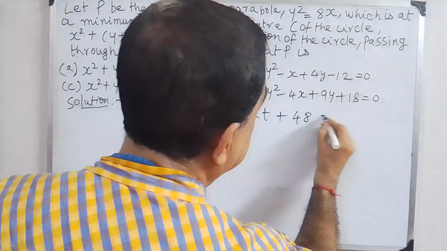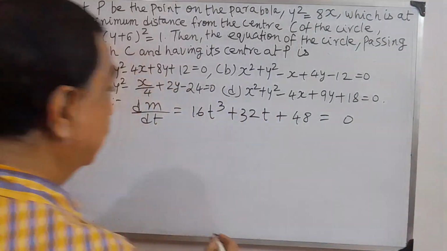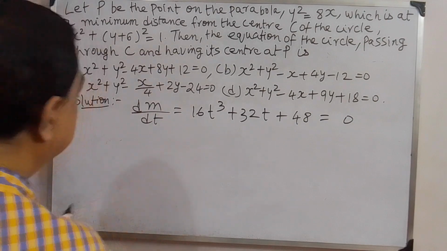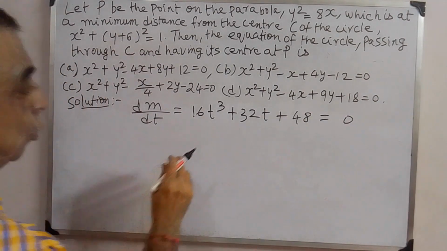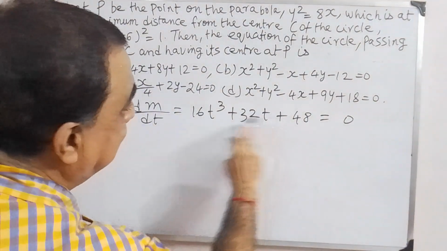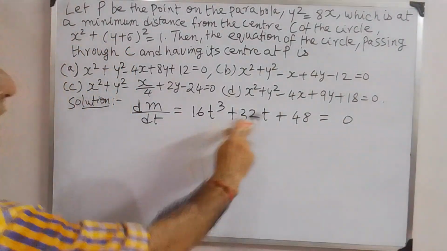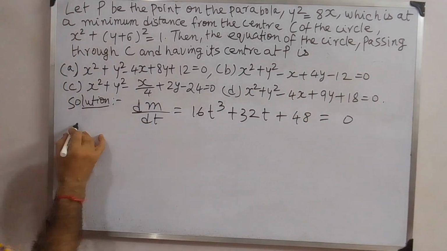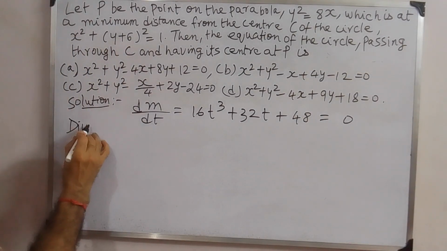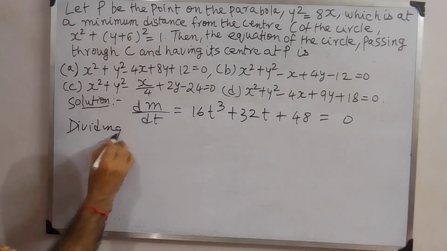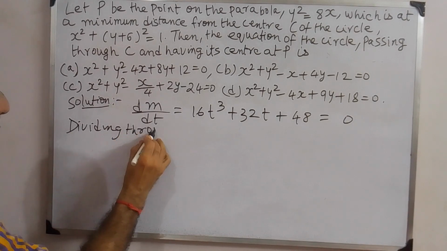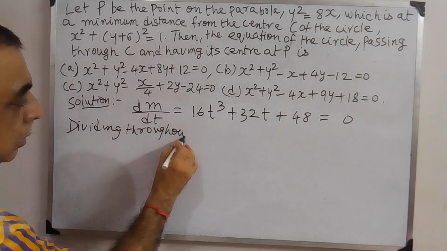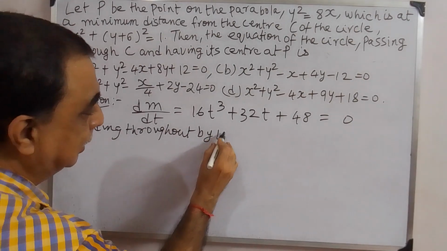Okay, and we have to equate this to 0 and from here we will get the value of t, right? So now we are noticing that each term is a factor of 16. So divide throughout by 16.